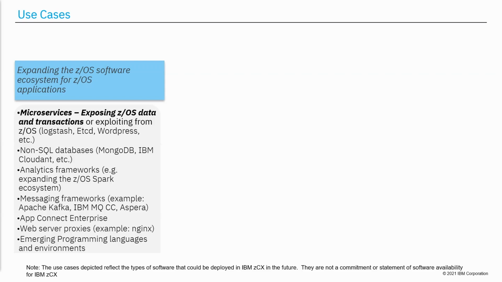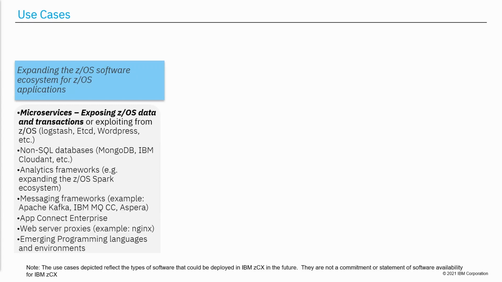Web server proxies and even emerging programming languages and environments. What happens if you have a piece of code that is written in a language that currently is not natively supported on zOS, but it is supported on Linux? Guess what? I can run that application on zOS. What happens if I have certain programmers at my shop that have a set of skills, programming languages and environments that are not native to zOS?